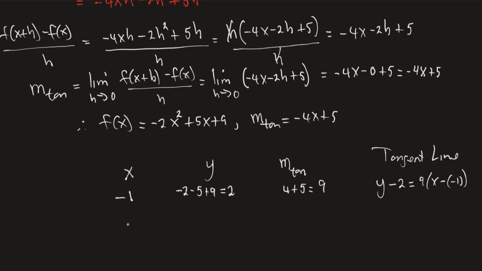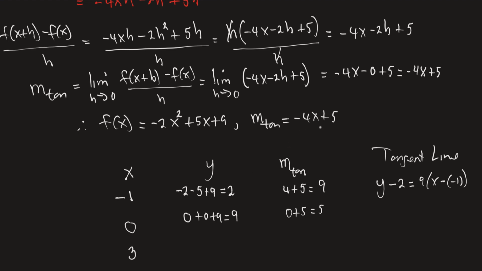What if we try x equals 0? Well, if we plug 0 in, we'll end up with 0 plus 9. So now the y value is 9. And then I'll have a different slope. The slope would be 0 plus 5, so it would be a positive 5. Different point, different slope. And then let's try another one. Let's say x is equal to, I don't know, 3.